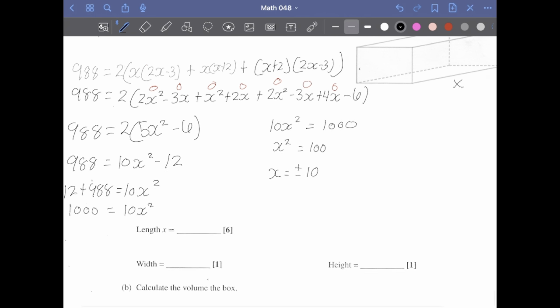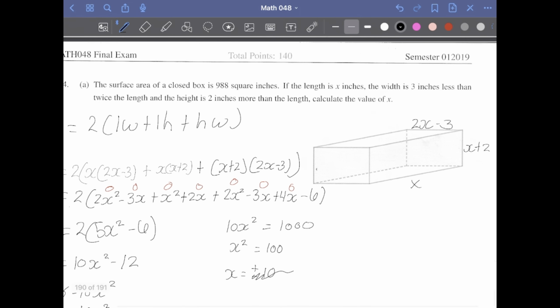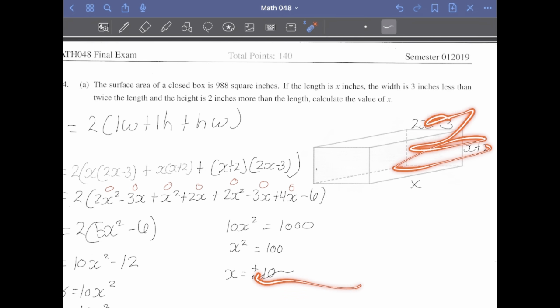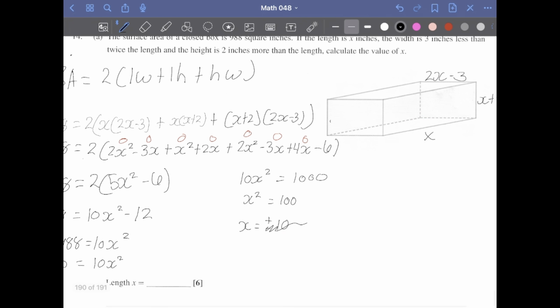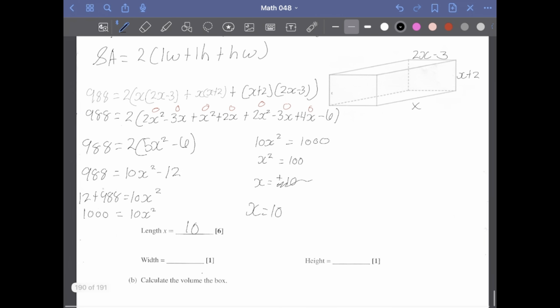You don't deal with the minus, because if you're using critical thinking, the area can't be negative, so we're not dealing with negative 10. So x is equal to 10. Our length x is 10. Our width is 2 times 10, which is 20, minus 3, which is 17. Our height is 10 plus 2, which is 12.